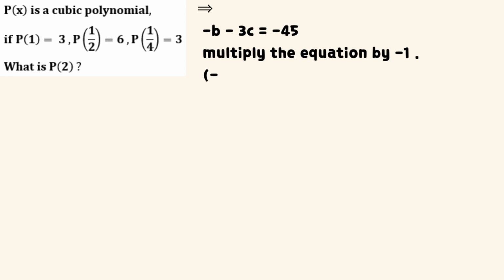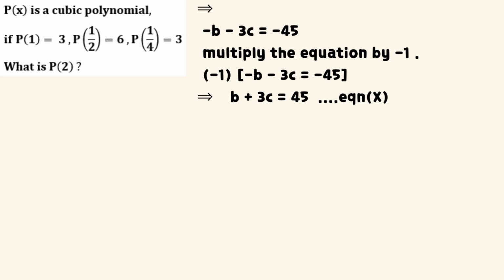It implies that negative b minus 3 times c equals negative 45.